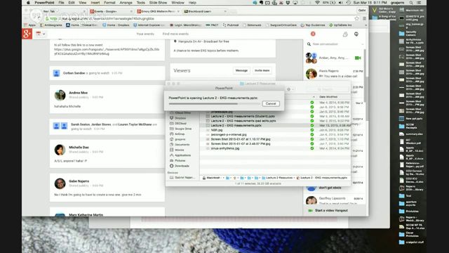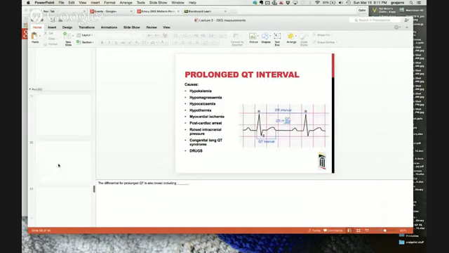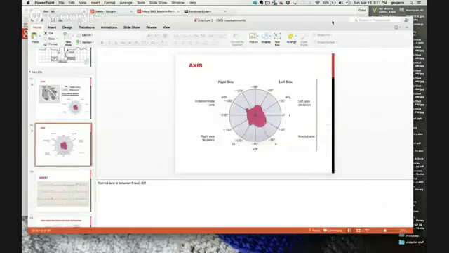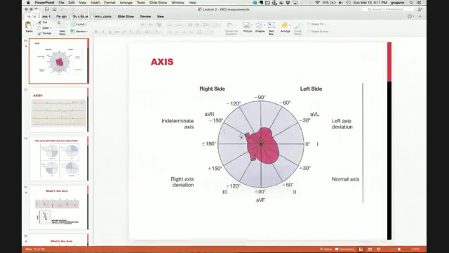Either axis is normal between 0 and -90, right axis between -90 and 180, or left axis between 0 and -90. Can you guys see that? Yes? Okay. Or the fourth option being far right, or indeterminate axis, somewhere in here between -90 and -180.